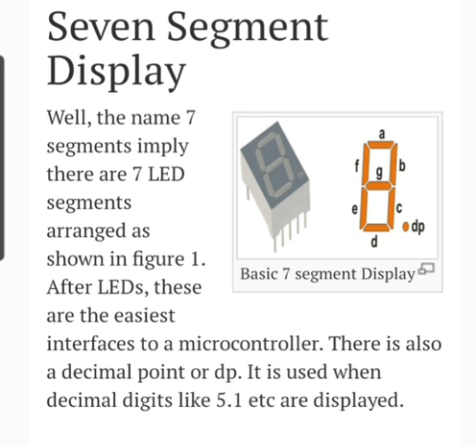There is also a decimal point, denoted by DP in this diagram, and it is used when decimal digits like 5.1, 4.1 are displayed.